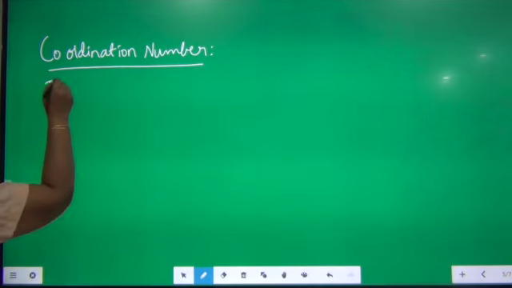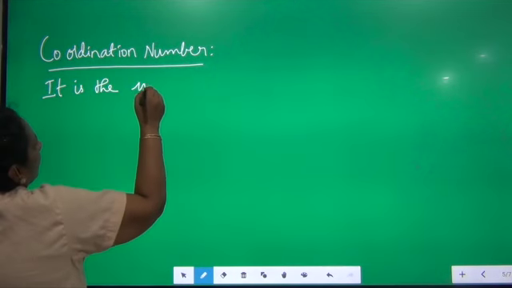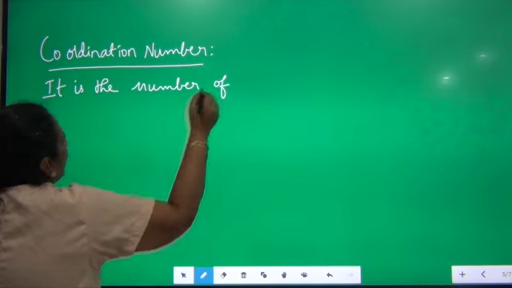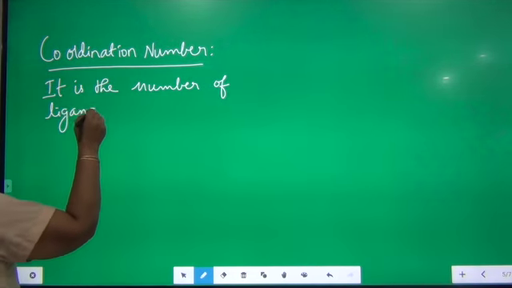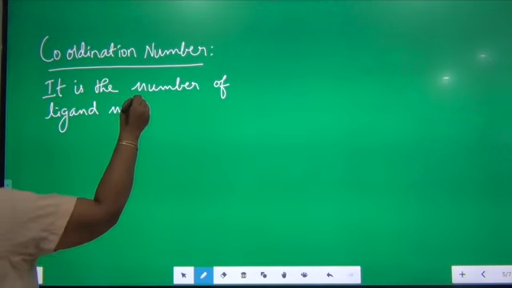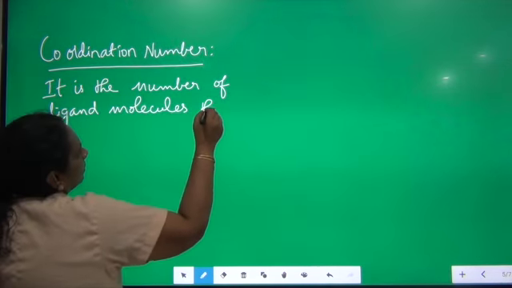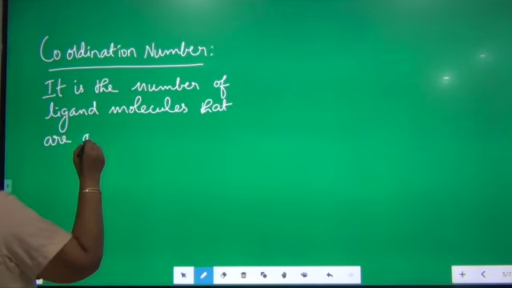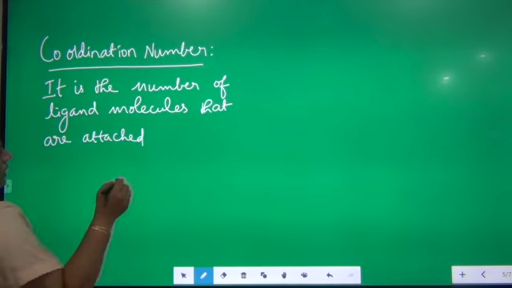Coordination number is the number of ligand molecules that are attached to the central metal ion.